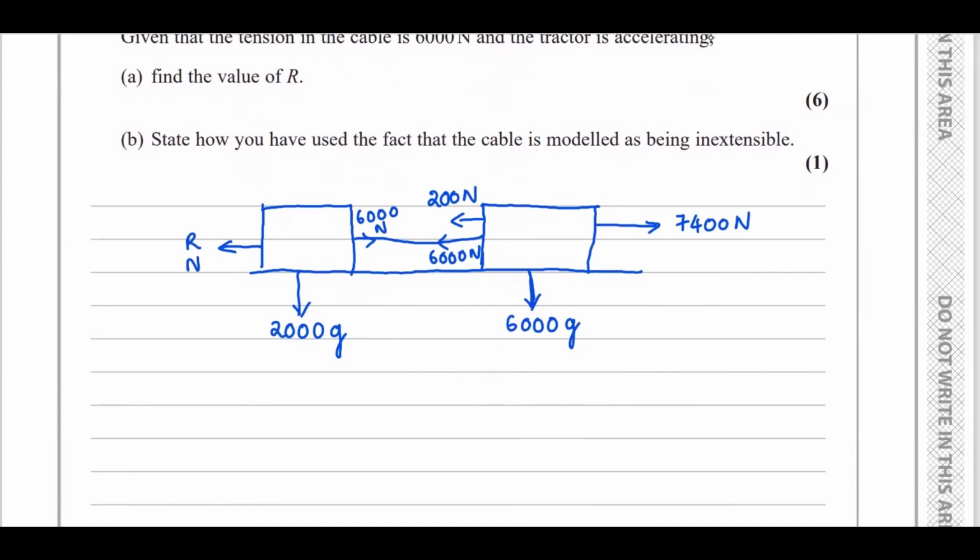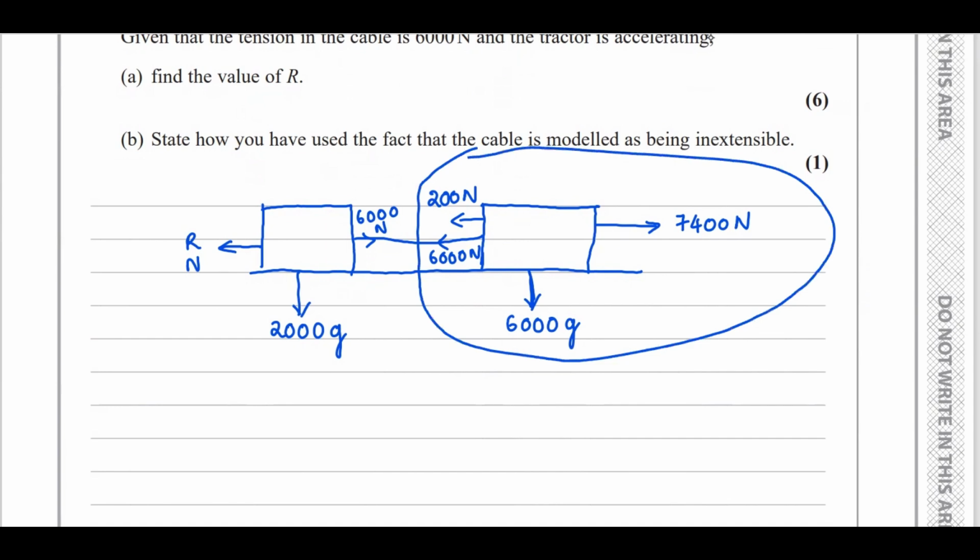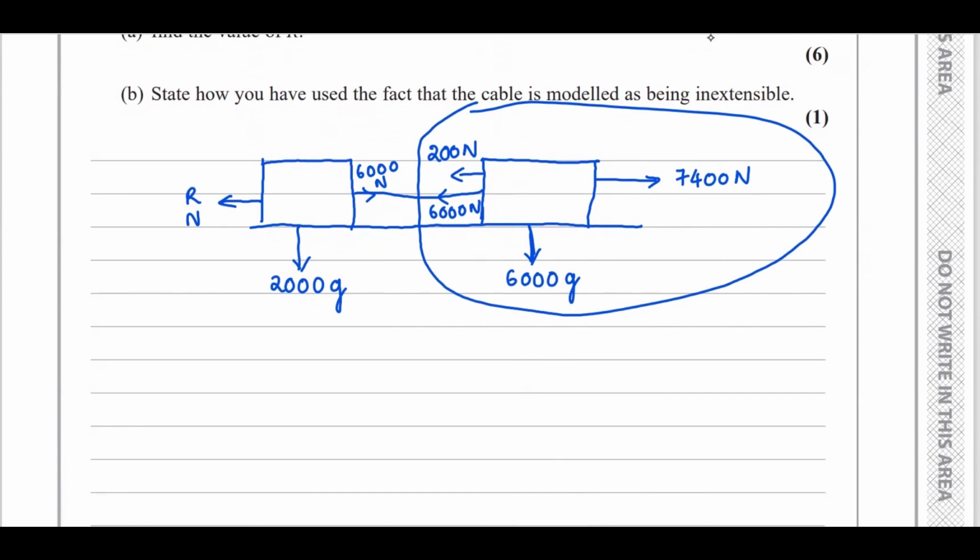So in this case, to find the value of R, I'm going to consider the tractor first. I'm just going to consider this portion of the diagram, the second part, which is the tractor. We know the formula F is equal to ma, and we know that there is an acceleration in this direction. So we need to find out the acceleration first of all, using the tractor part.